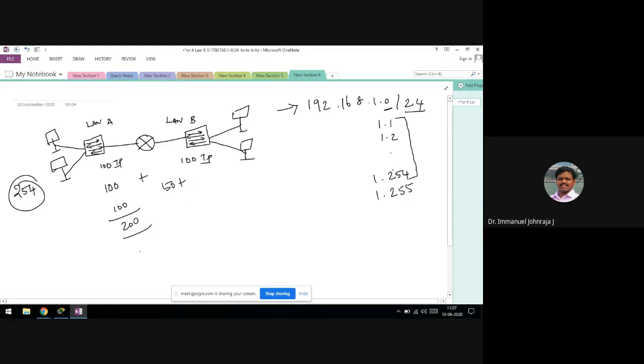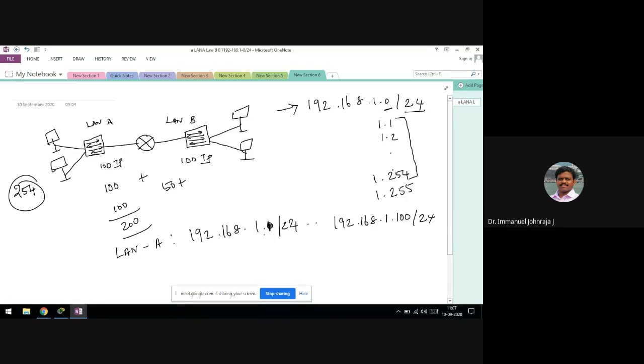And we also attempted to assign IP addresses. For LAN A, we gave the range 192.168.1.1/24 up to 192.168.1.100/24. Let me not give 0 here.